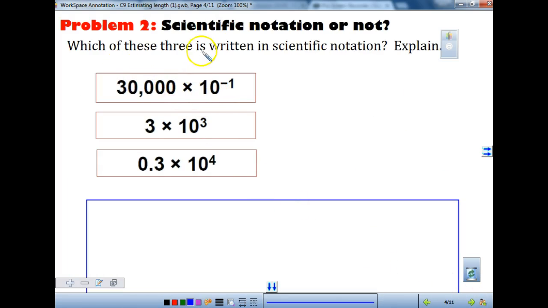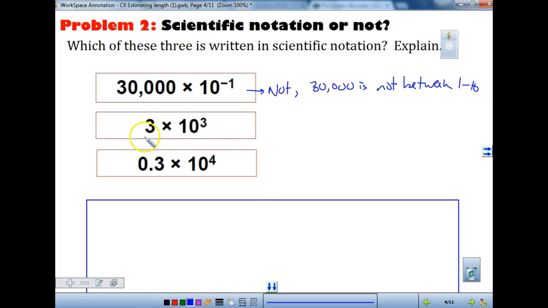So it now asks which of the 3 is written in scientific notation and to explain. Remembering our rule, scientific notation is always a number between 1 and 10 times 10 to a power. This one is not. Why? Because the number times the power, 30,000, is not between 1 and 10.